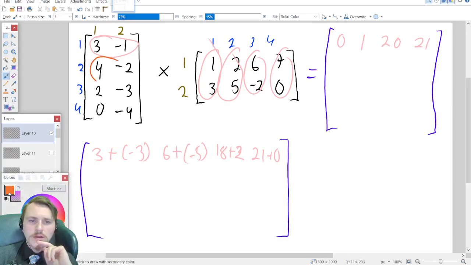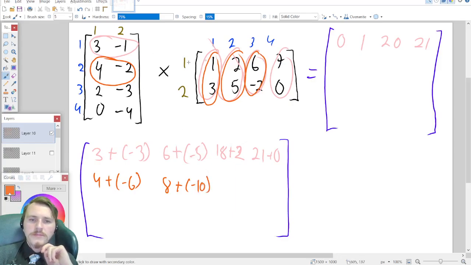Let's go on. Second row times first column gives us 4 times 1 plus -2 times 3 is -6. Second column, 4 times 2 is 8 plus -2 times 5 is -10.